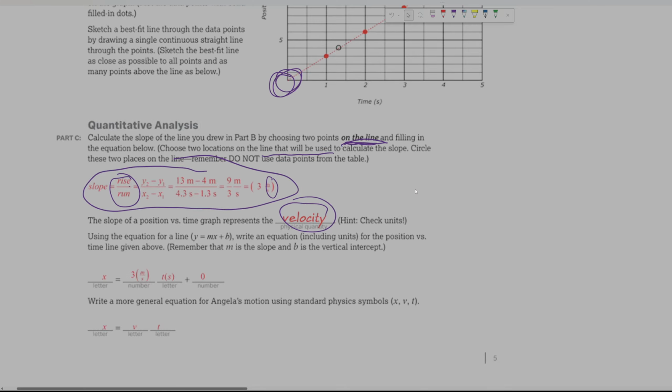So check the units. That is a super powerful skill to get used to doing, is start to notice when you compare values and you find the relationship between 2 variables in a graph or whatever. When you find the slope, the value of the slope tells you something about the object.